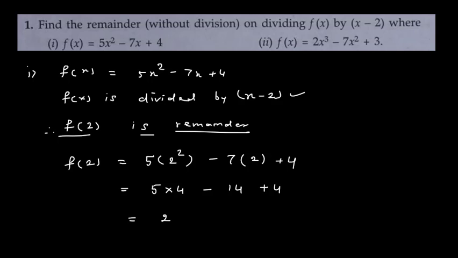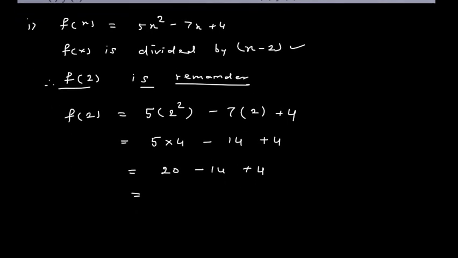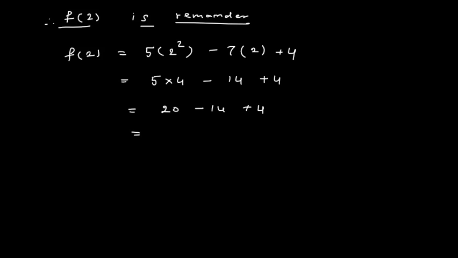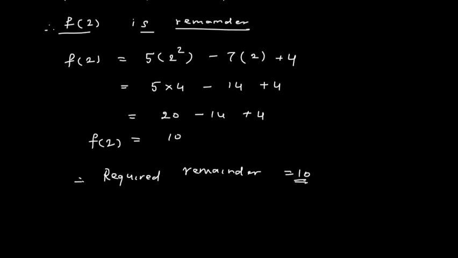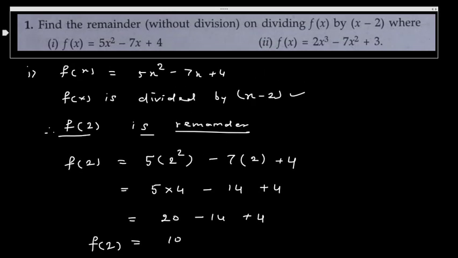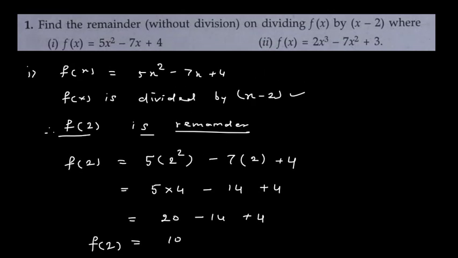So 5 fours are 20, minus 14 plus 4. 20 minus 14 is 6, 6 plus 4 is 10. f of 2 is 10. So therefore I will say the required remainder is 10. Okay, the first one I have done. The second, you try by yourself and see what remainder you get.